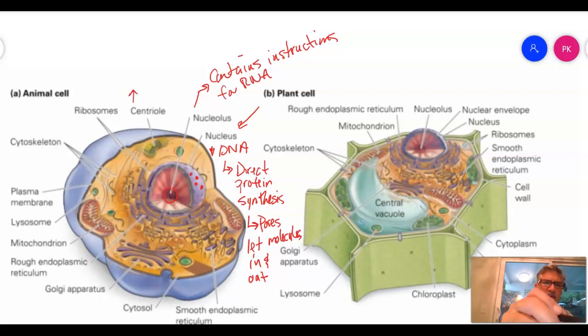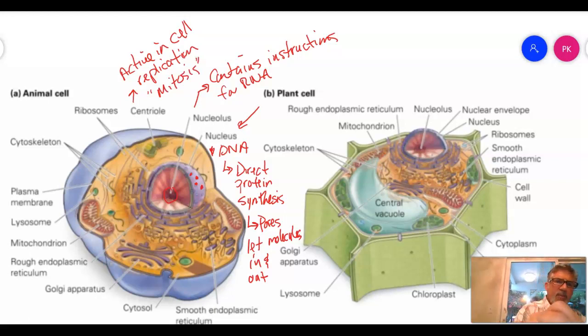I got the centrioles, right? So these are active at cell replication, which we're going to talk about later. It's mitosis. I got my ribosomes. That's the site of protein synthesis.